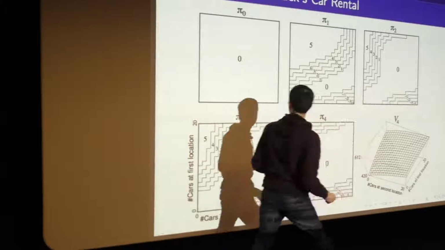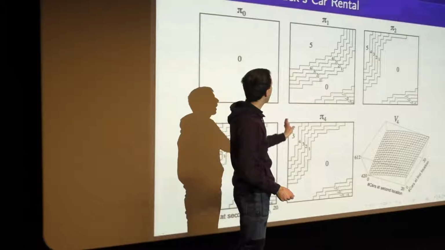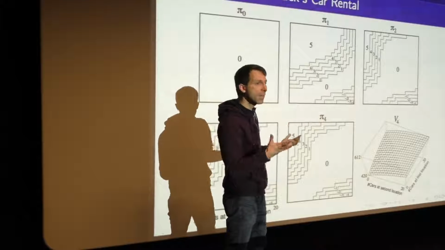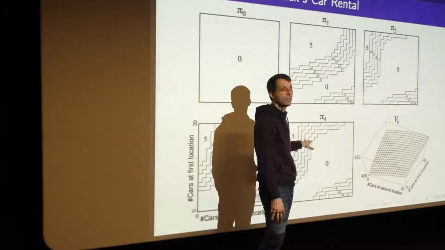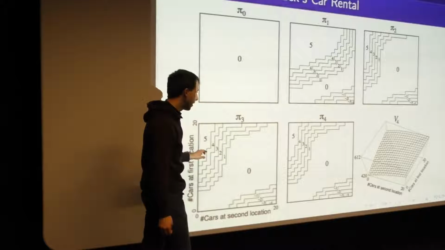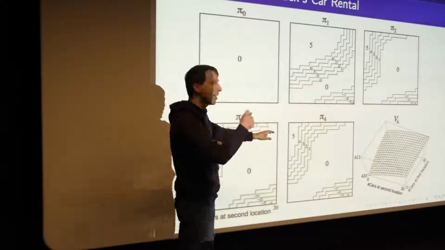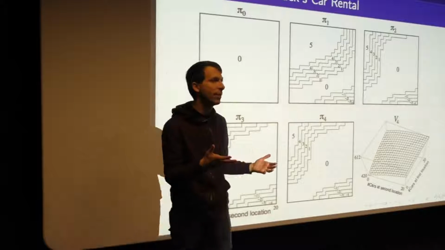We come up with a new surface, new policy, new surface, new policy, and after 1, 2, 3, so I guess these 5 policies, on our 5th policy, or the 4th iteration of the algorithm, we already have the optimal policy. This has converged now. I think there's still a small change from here to here, but after this it doesn't change anymore. The problem stabilizes, it finds the optimal solution.